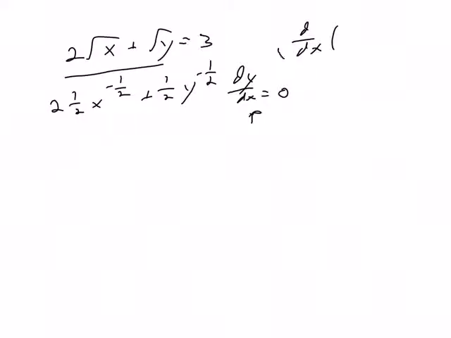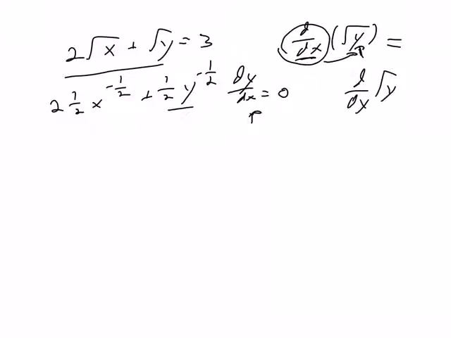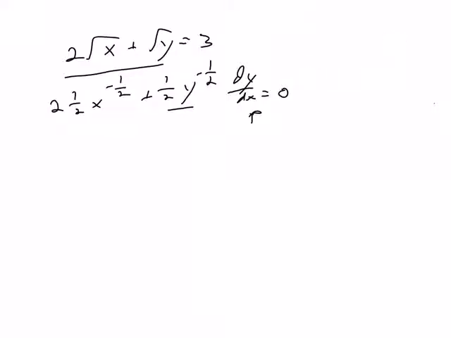And dx of the square root of y, you can't really talk about the change in x when everything is in terms of y, except for the fact that y can be written in terms of x. So by the chain rule, this is equal to dy of this thing, which is this, times dy over dx. That's by the chain rule. Okay, that's equal to 0.